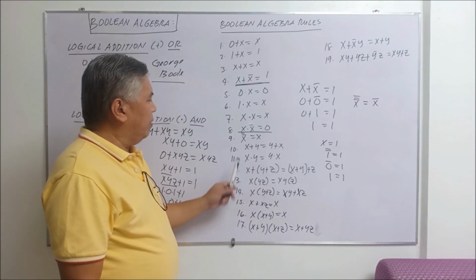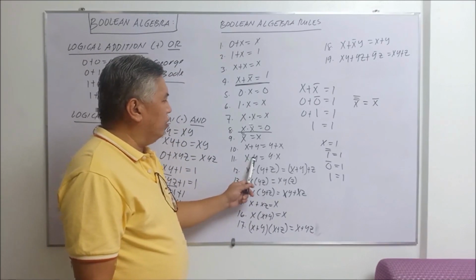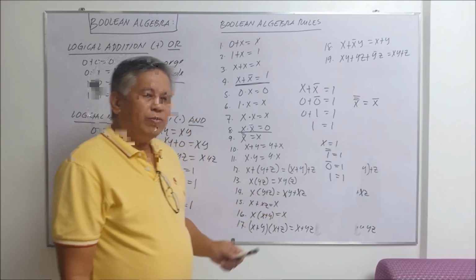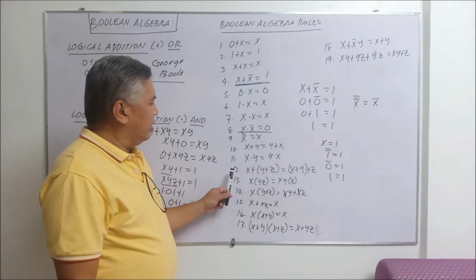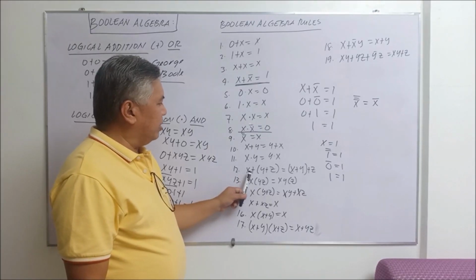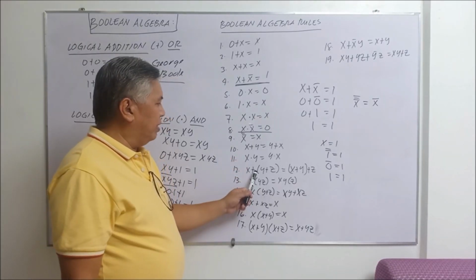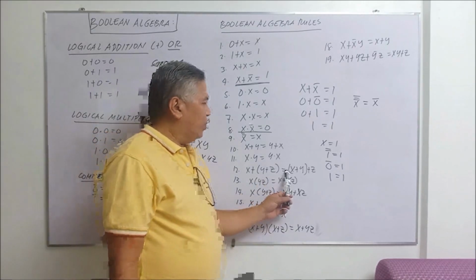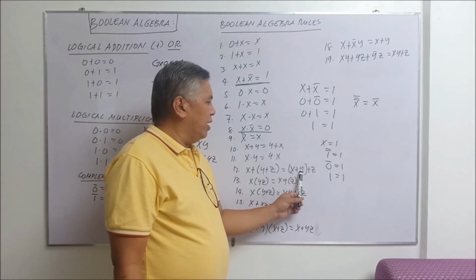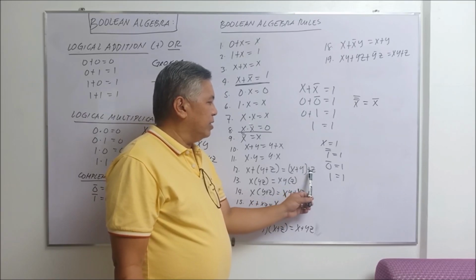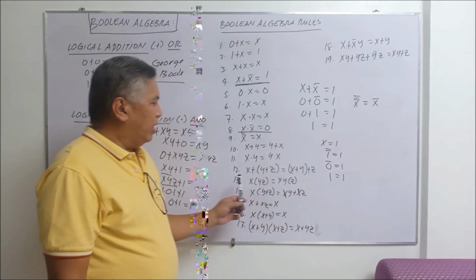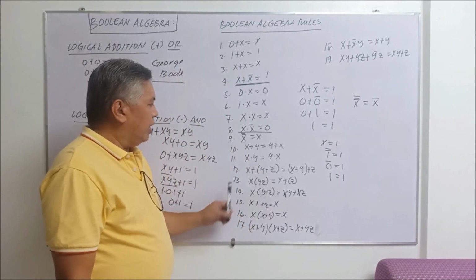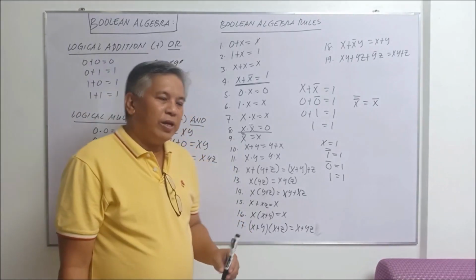Then, 11, x times y is equal to y times x. Commutative law of multiplication. Then, number 12, x plus open parenthesis y plus z close parenthesis is equal to open parenthesis x plus y close parenthesis plus z. That is associative law of addition. Then this one here, associative law of multiplication.